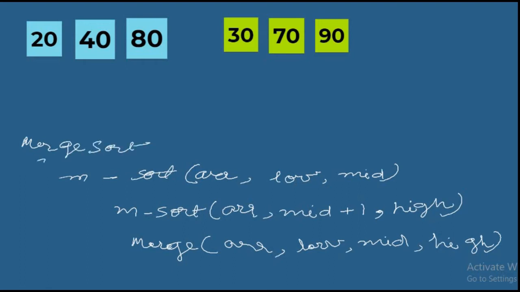So in merge sort, this is the divide part: merge sort of array low and mid, and the second part is array mid plus 1 high. This call will be recursive, because we are again and again going to divide it till we get a single element in an array.